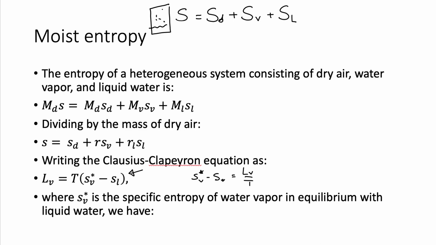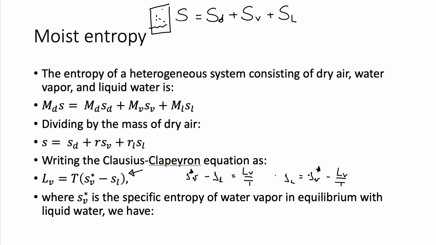And so, sorry, this was an S. This is supposed to be SL. Actually, let me rewrite the left-hand term. Okay, now I'm happier. And so SL equals SV star minus LV over T.